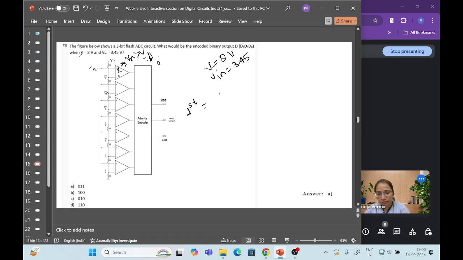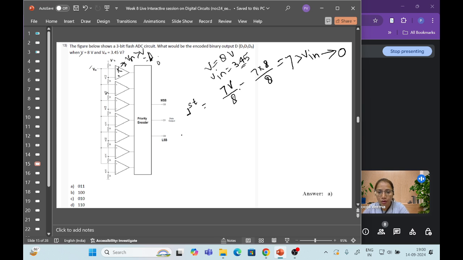Here it is 7V by 8, and V is 8 volt, so 7 into 8 divided by 8, we get 7 volt. So 7 volt, but our V in is 3.45 volt. Here V reference, that means the negative input voltage, is greater than V in, so that will generate the output 0.